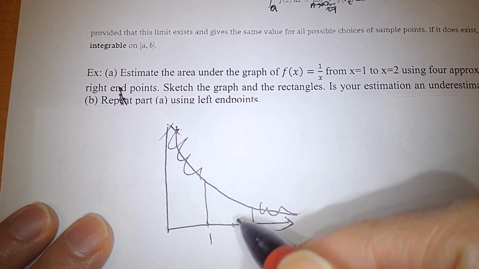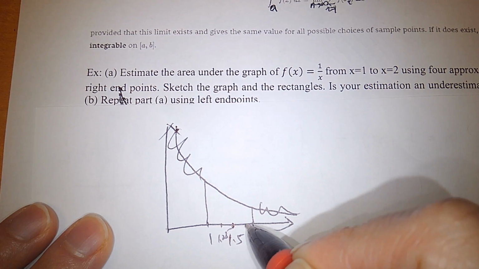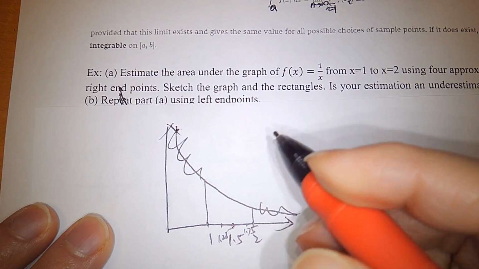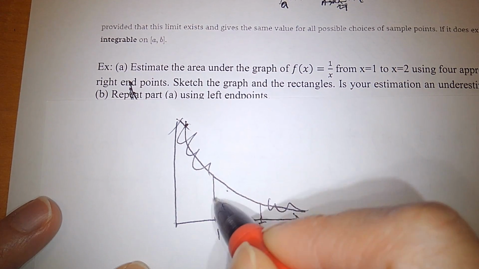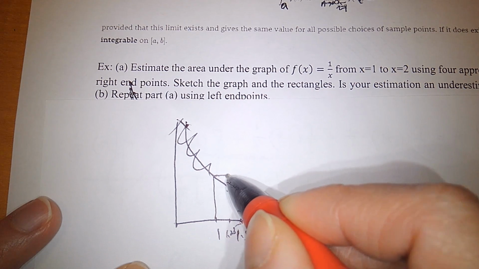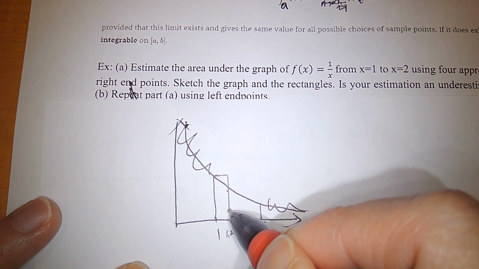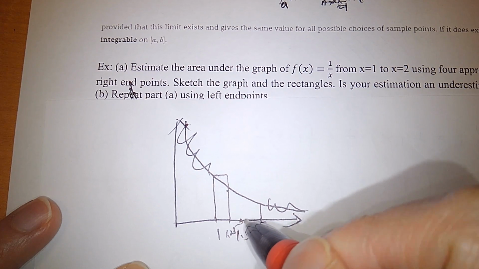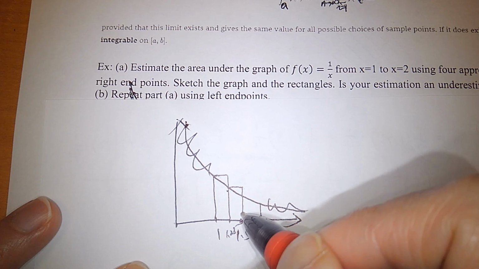We still have these points 1.25, 1.5, and 1.75. Now we're using the left endpoint, so from the first subinterval we use a left endpoint and we have this rectangle. Second endpoint, this rectangle.